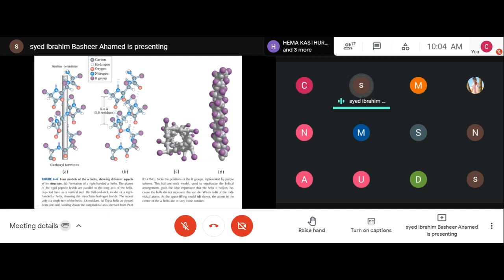This is based on van der Waals radii. This representation shows the actual atomic size of each atom, but if you see the van der Waals radii, the center will be completely blocked. So you do not have any pore or cavity at the center of the alpha helix.